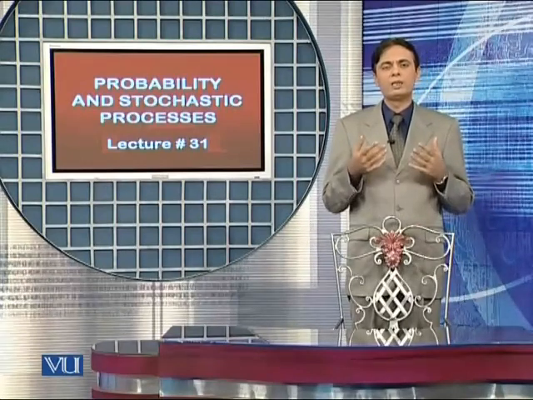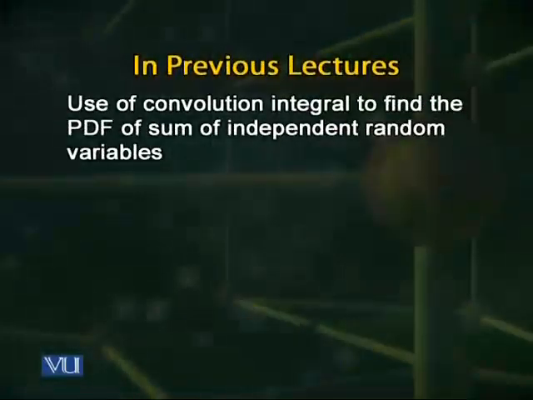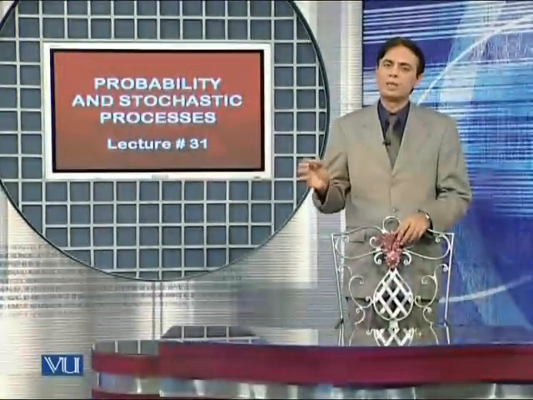If we have a transformed random variable defined as sum of two independent random variables, then the PDF of transformed random variable is equal to the convolution of two PDFs of random variables being used in definition of z equal to x1 plus x2.